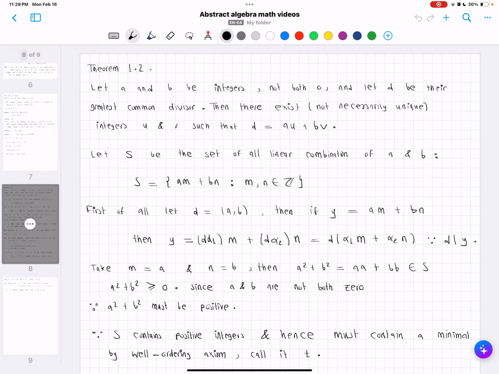That's essentially what it means to be the greatest common factor, because it's a factor of both a and b, and it is the greatest such one.